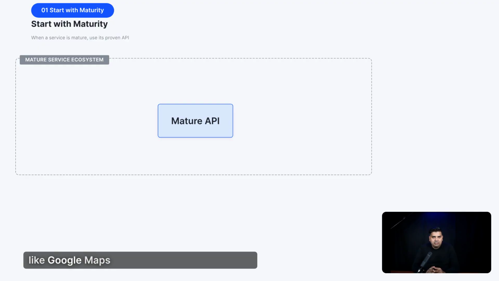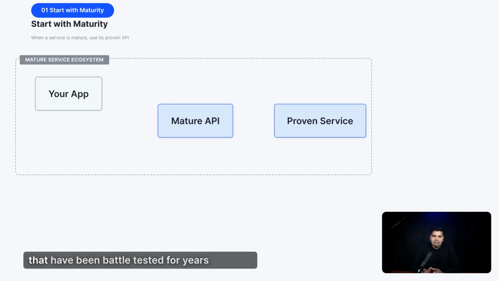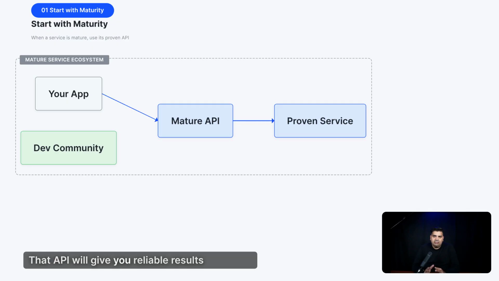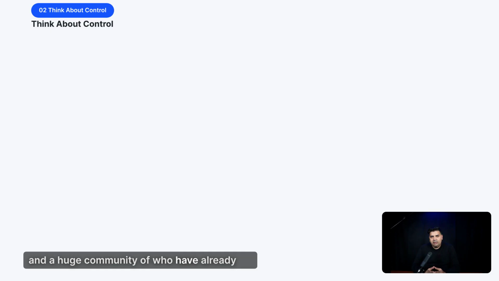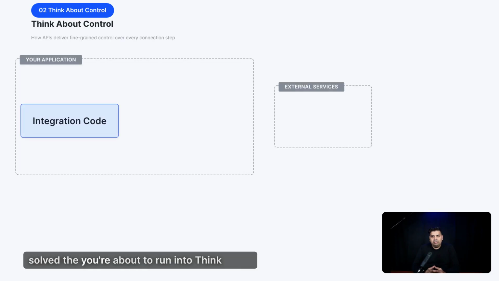Services like Google Maps, Stripe for payments, or OpenAI's own API have mature, well-documented APIs that have been battle-tested for years. If the service you need already has a solid API with great documentation, just use it. Don't overthink it. That API will give you reliable results, predictable behavior, and a huge community of developers who have already solved the problems you're about to run into.